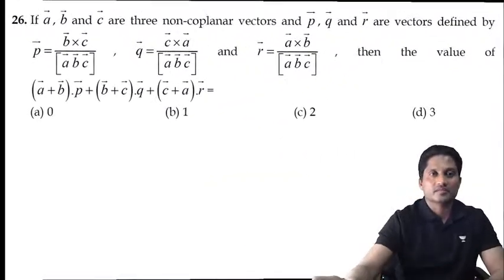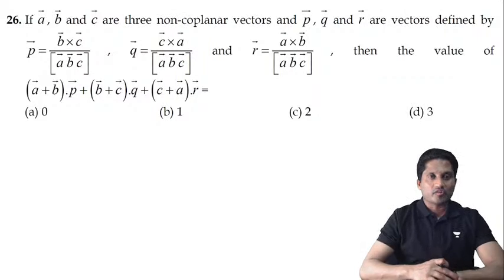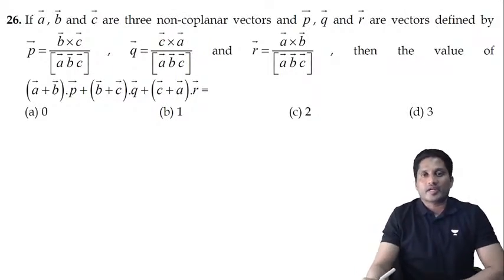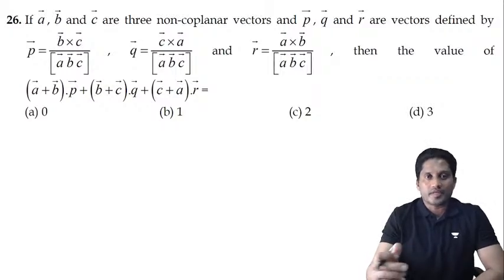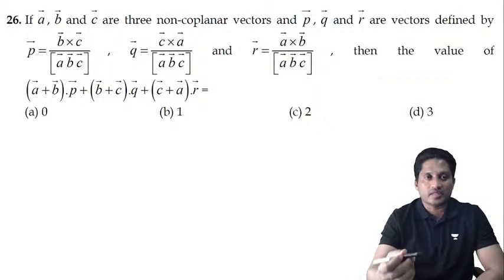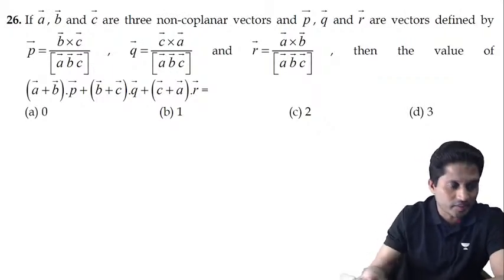Question number 26. If A, B, C are three non-coplanar vectors, and P, Q, R are the vectors defined by P equals B cross C by box of ABC, and Q and R similarly. Then he's asking what's the value of the given expression.